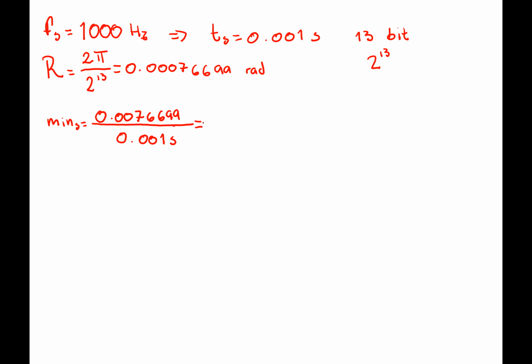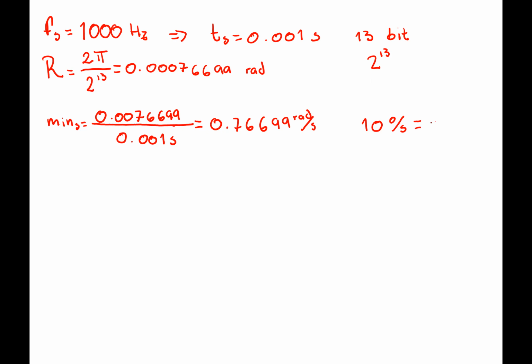So the minimum velocity that we can measure using this sensor is 0.76699 radians per second.